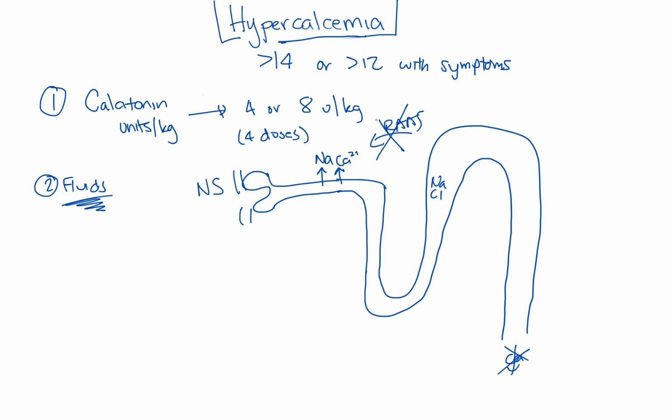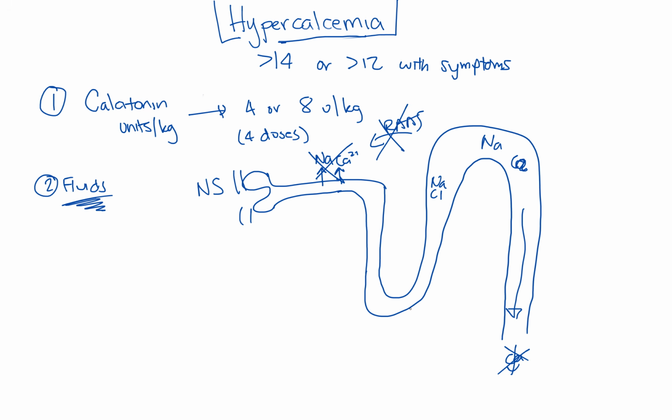We're going to shut off our RAS activity, and this shuts off our sodium and calcium absorption in our proximal tubule. The sodium and calcium can then continue to be delivered through to the distal tubule where it can then be excreted.